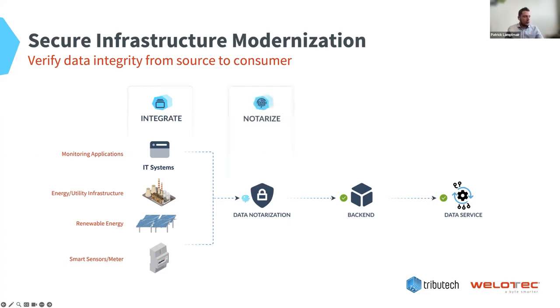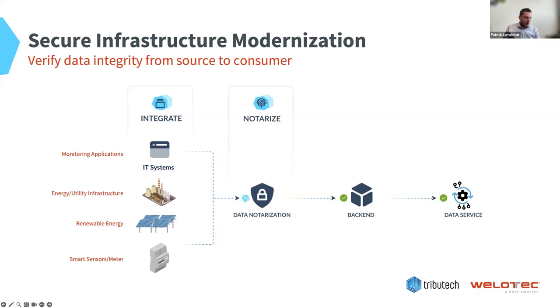With our technology, you can notarize the data at source by creating a cryptographic proof consisting of a hash and signature. And we store this cryptographic proof within a security layer where we use an immutable database based on blockchain technology to provide a security layer for data integrity verification that is 100% secure.